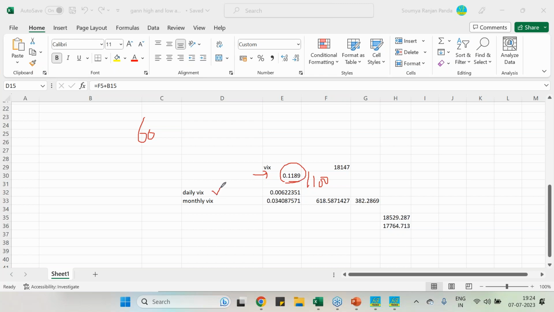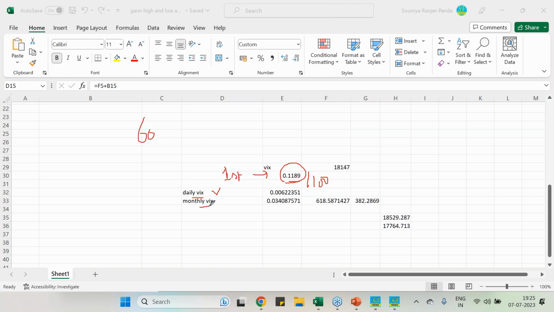Then I am finding out the daily VIX. It is in the first trading day of the month, closing. What is the VIX? I am taking that VIX, finding out daily VIX, VIX divided by square root of 365.